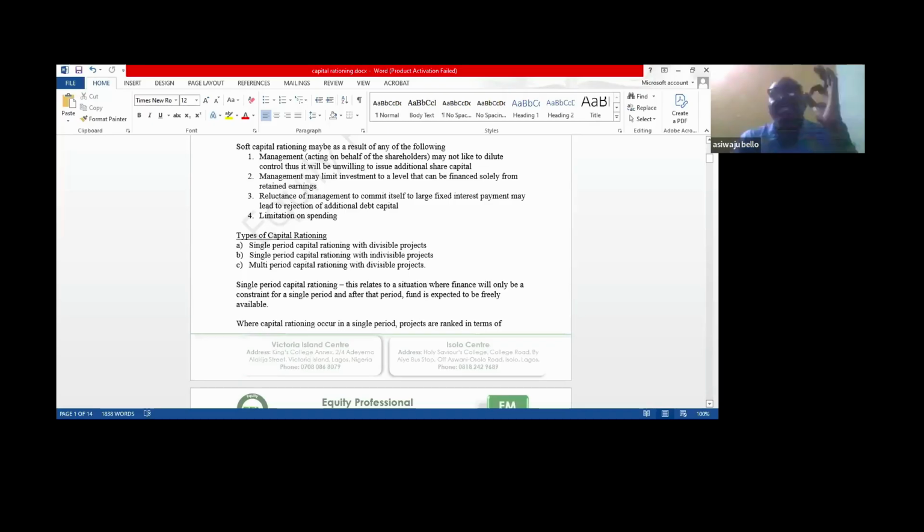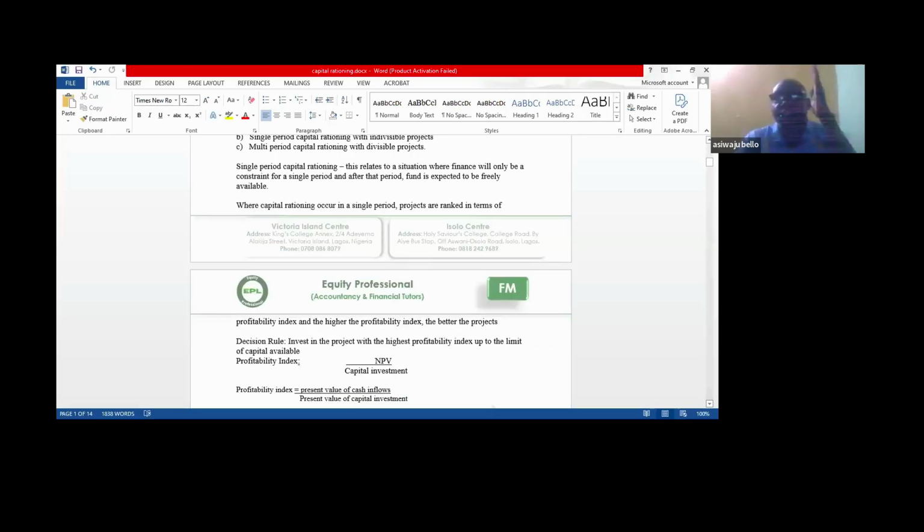That is single period capital rationing. It could be year 0 or year 1 or any year. But that means we will only be in short supply in that one period.